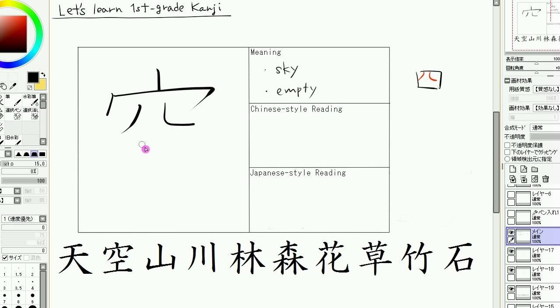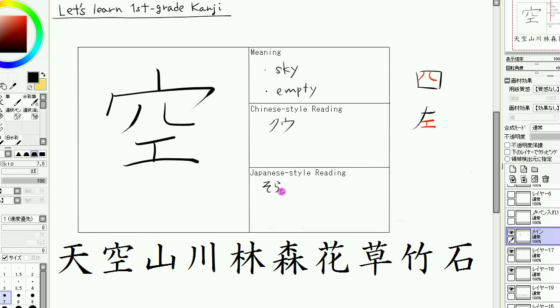And then you go horizontal, vertical, and a longer line than this one, like that. The last part looks similar to the part on the left, right?